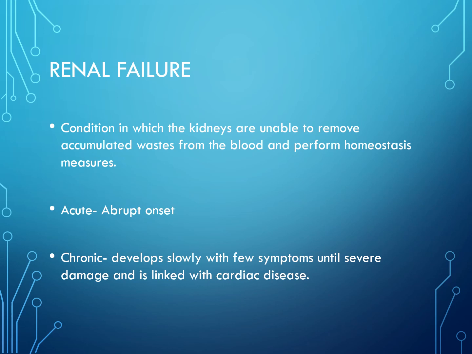And yeah, with kidney failure, whether it's acute or chronic, the kidneys are just not operating the way they normally do and are not able to filter out the waste and the fluid. Acute has an abrupt onset, whereas chronic will develop over the course of several months.